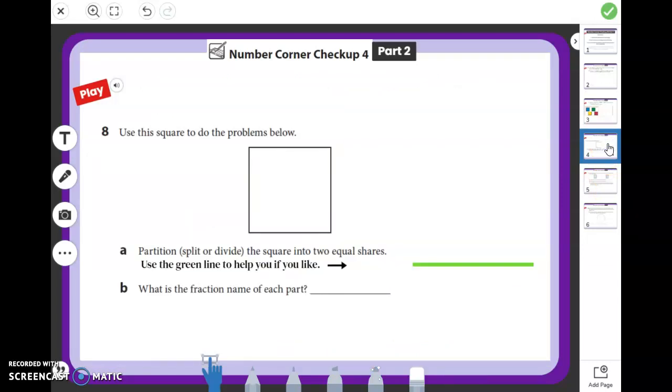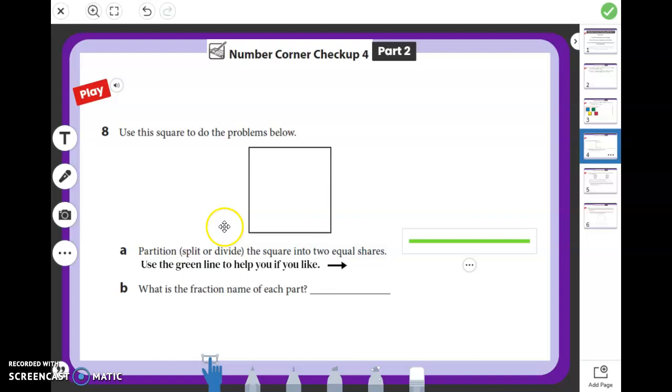The next page is showing you another square. Number 8 wants you to use this square to do the problems below. Letter A says partition, split or divide the square into 2 equal shares. You can use the pen tool to split up this square, or if you would like a nice straight line, you can use this green line.